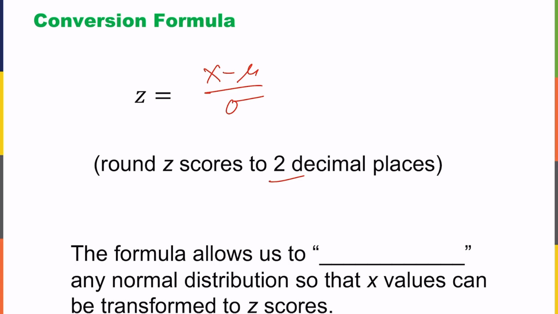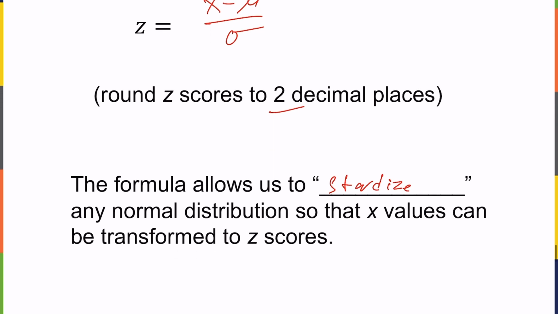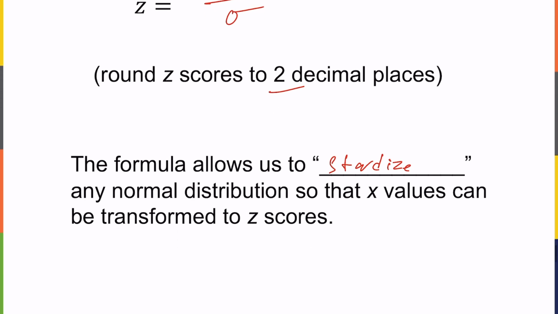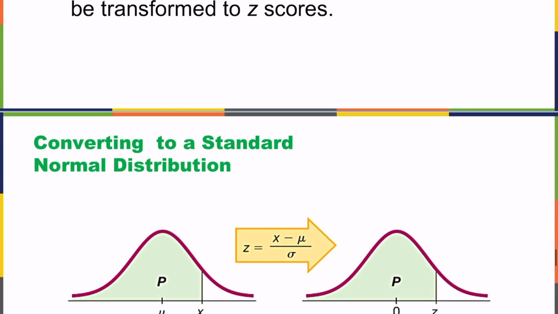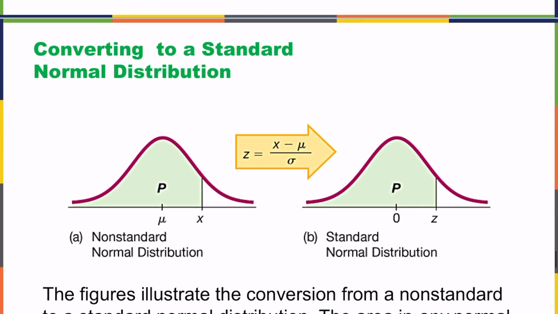The formula allows us to standardize any normal distribution so that x values can be transformed to z-scores. Look at this conversion. So here you have the mean is mu, and x is just sort of right there. And you have this standard deviation, something like that. And then the z tells you how many standard deviations.